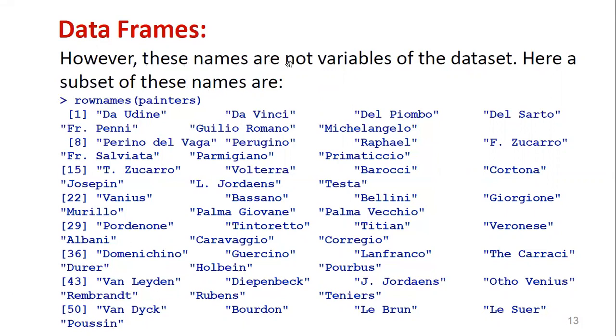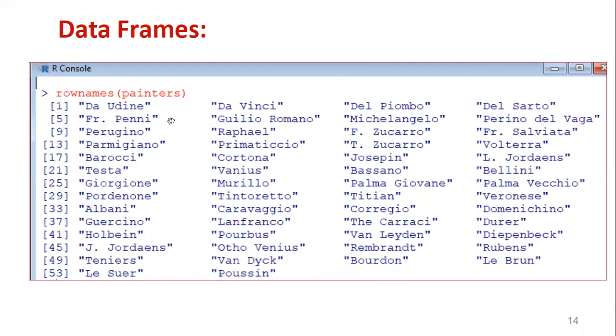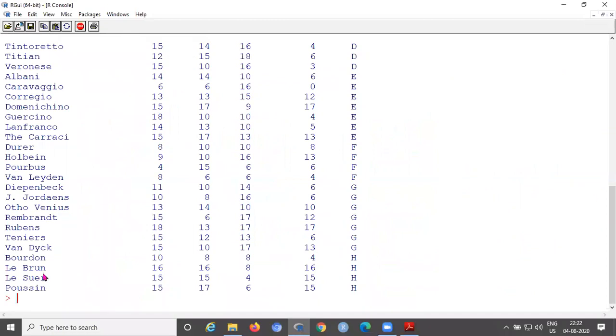However, these names are not variables of the data set. Here a subset of these names is obtained by using rownames. So we'll also run this command. Come to our R software. Simply type the command rownames without any space, then inside the parentheses, the data set name painters.